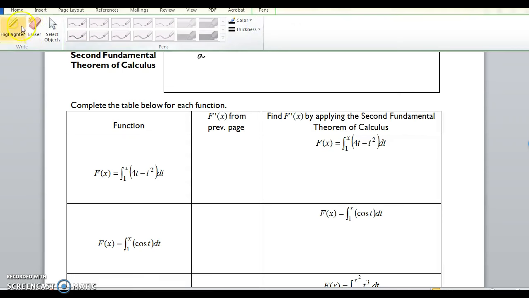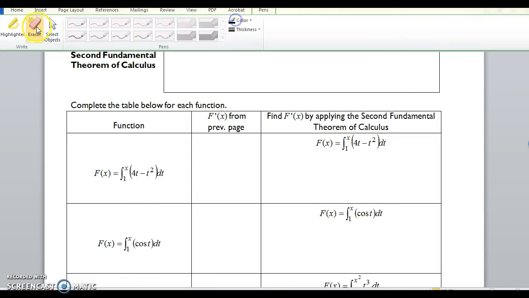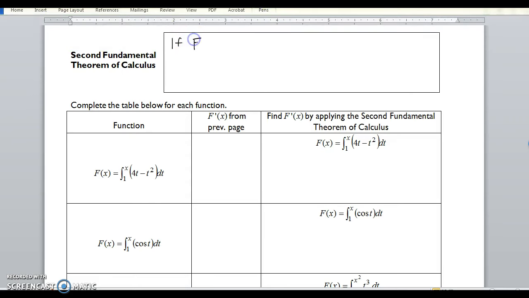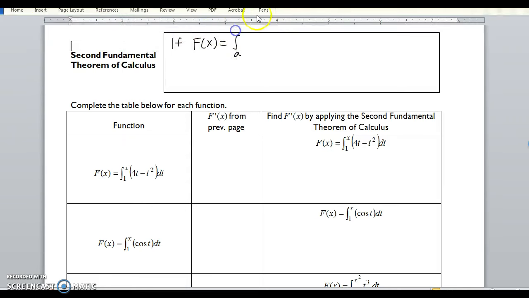I'm going to rewrite this. If big F of x is equal to the integral from a to g of x, I'm just making lots of mistakes, of f of t dt. So you'll notice a couple of things here.